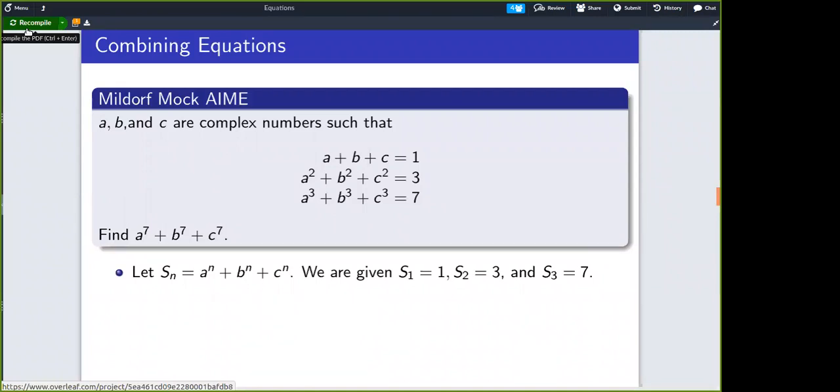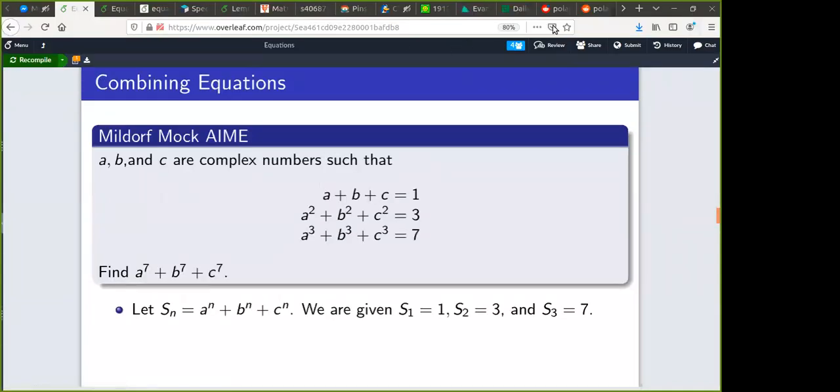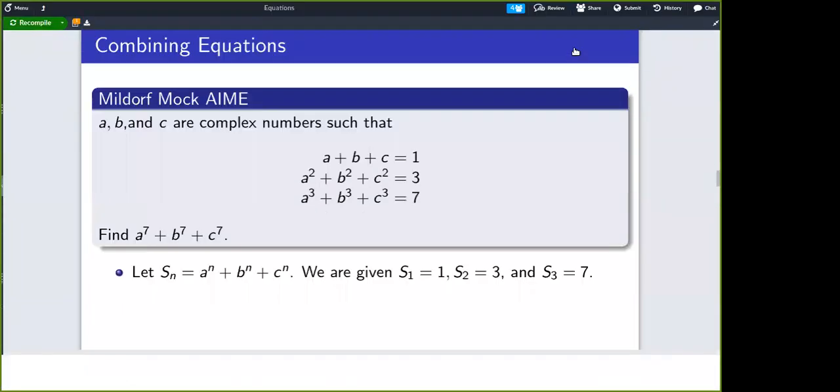So does anyone have any ideas for how to get Sn plus 1 from Sn? Yeah, so what Eric said, we're going to multiply it by a plus b plus c.